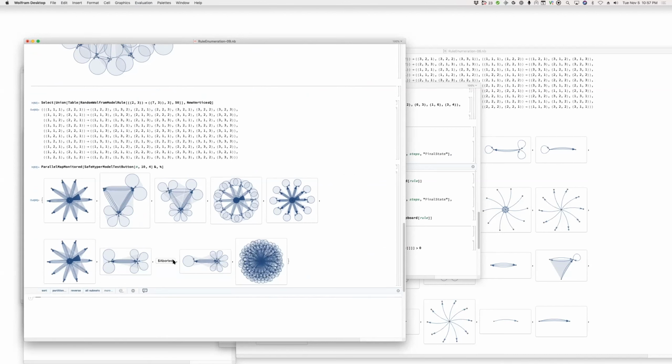Do you think any of these are going to do anything interesting? There are only 2 vertices in the rule inputs. I don't think that one is doing enough. Which one? This one here.